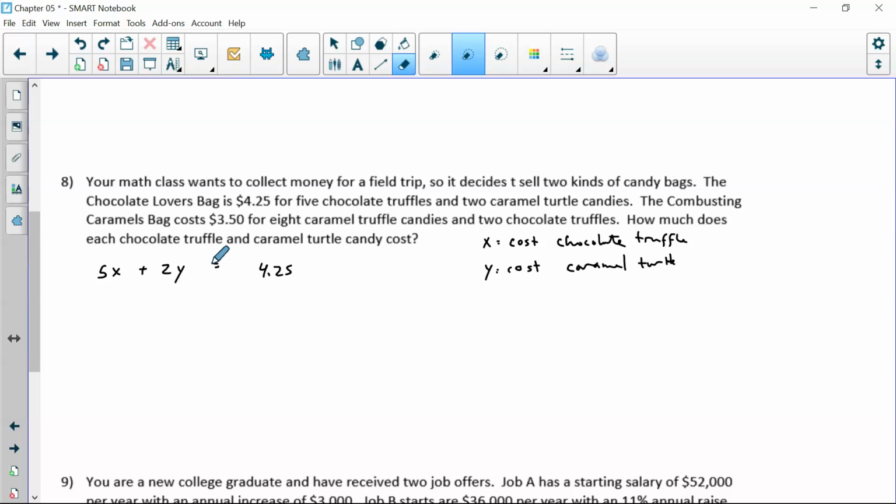There's our first equation. Now our second equation, the one where it's $3.50 for the Combusting Caramels bag, we have 8 caramel, so we have the 8y, and we have 2 chocolates, so there's our 2x. There's our system we need to solve.